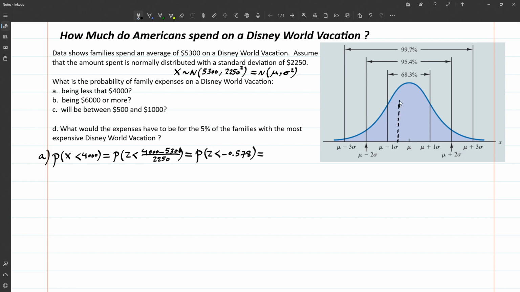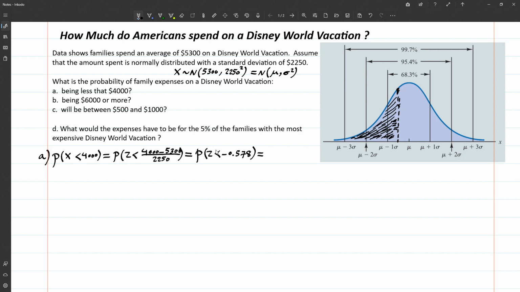Since it is asking for the chance that Z is less than this point, it means we want the area under this normally distributed random variable's curve, the area of this black shaded portion.